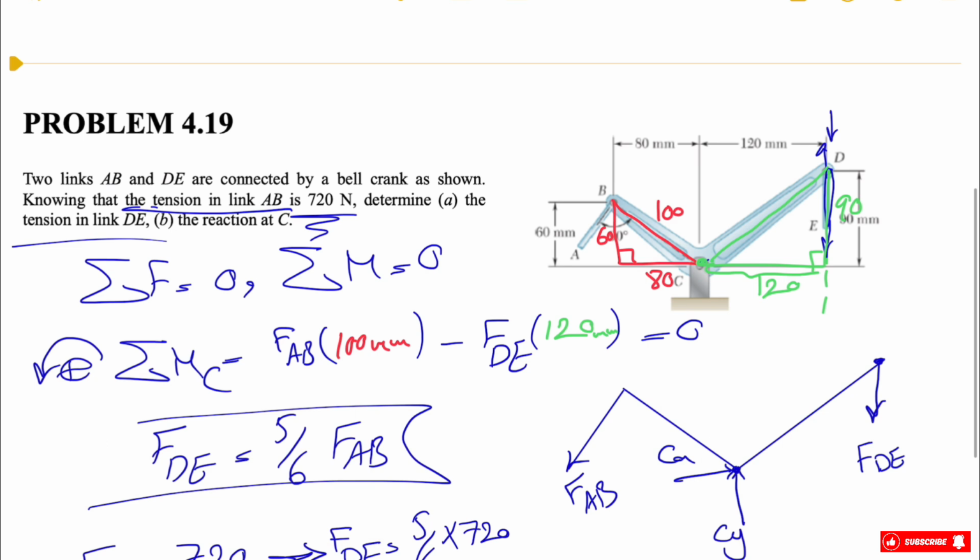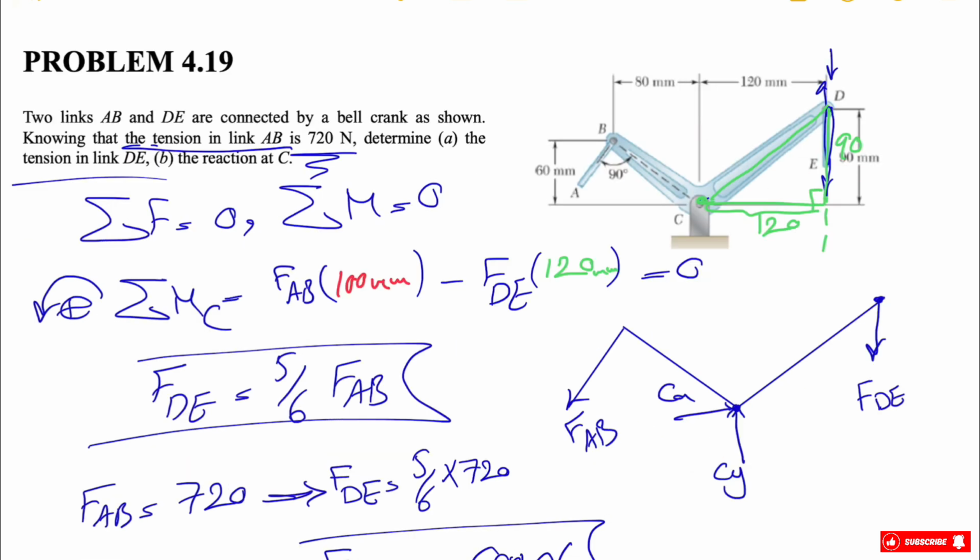Let's show it here. If we want to show the Fx and Fy components of FAB, this will be our FABx, this will be our FABy, and this was our force, FAB.